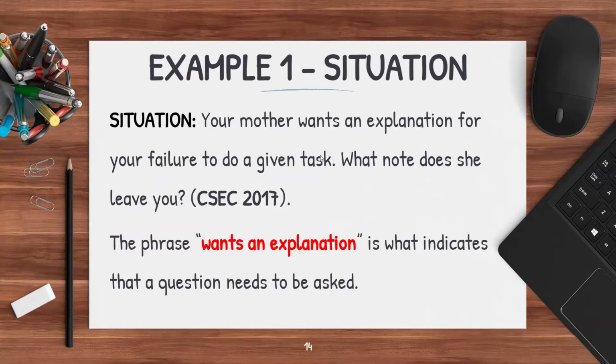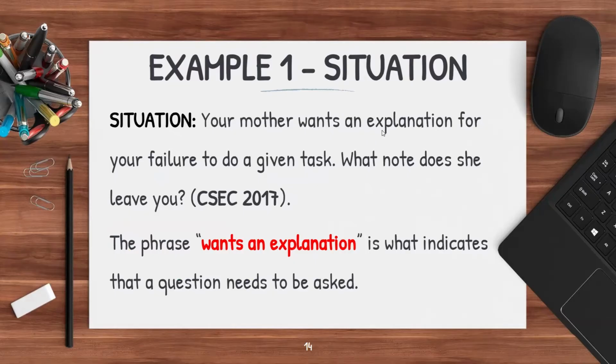I want you to pay attention to these words, a given task, because it doesn't specify what the task is, which means you can say whatever task it is that comes to mind. Failure to do a given task basically means that you did not do it.